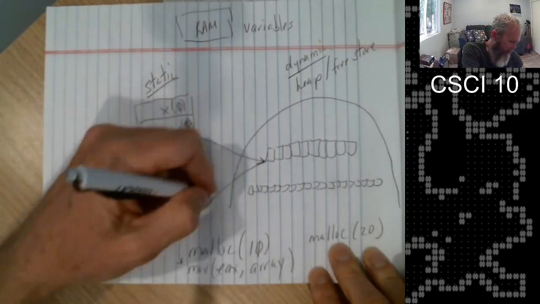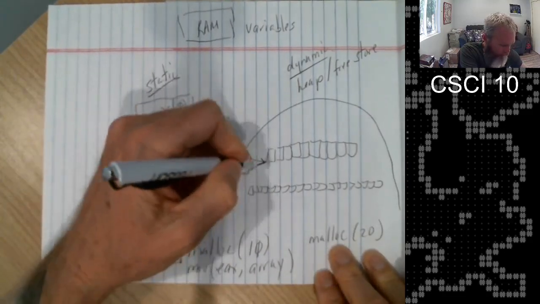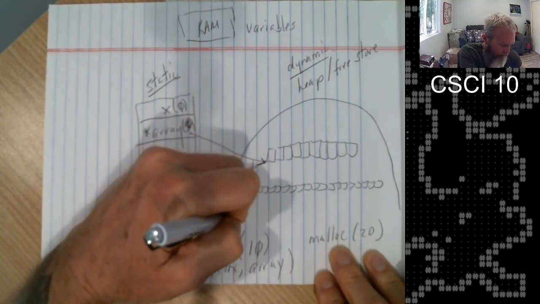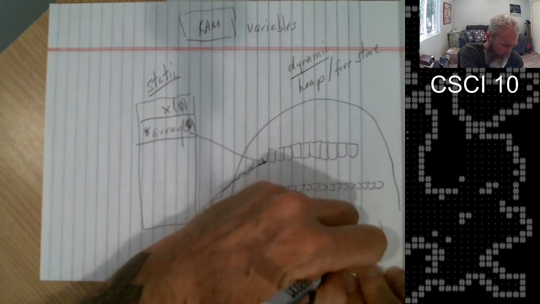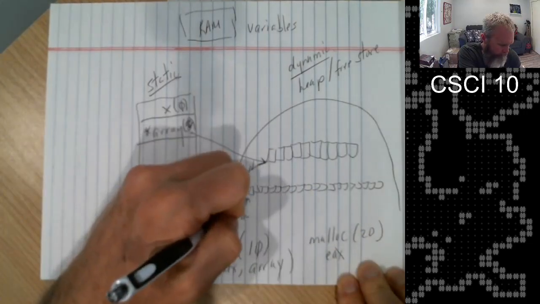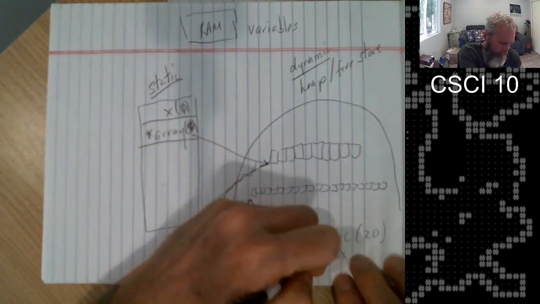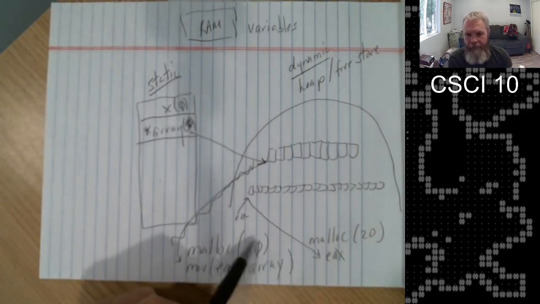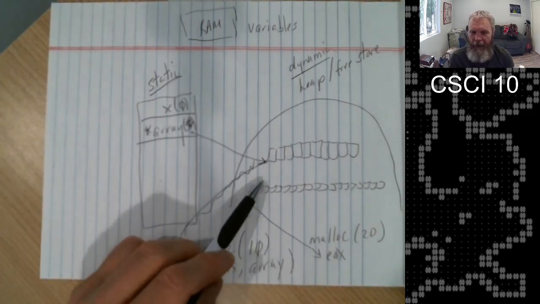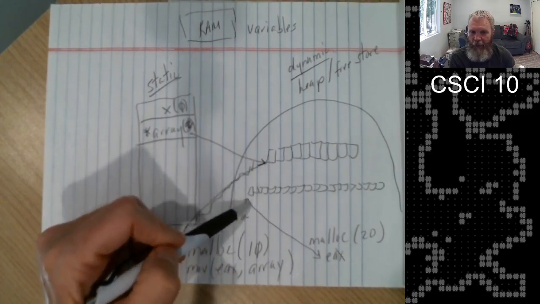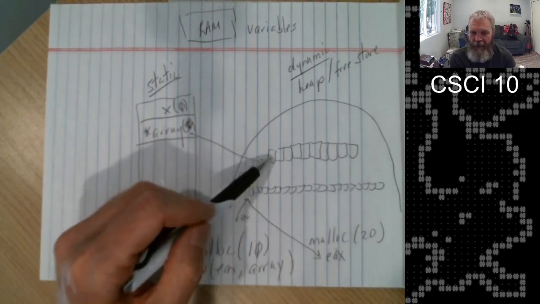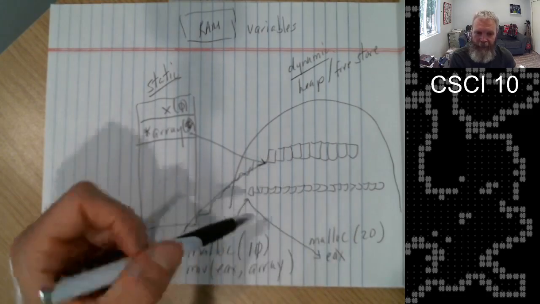I get EAX, which now points to the new one. Then I've allocated now 30 total bytes, but 2 separate sections and 2 addresses of where those blocks of memory have been allocated for me.